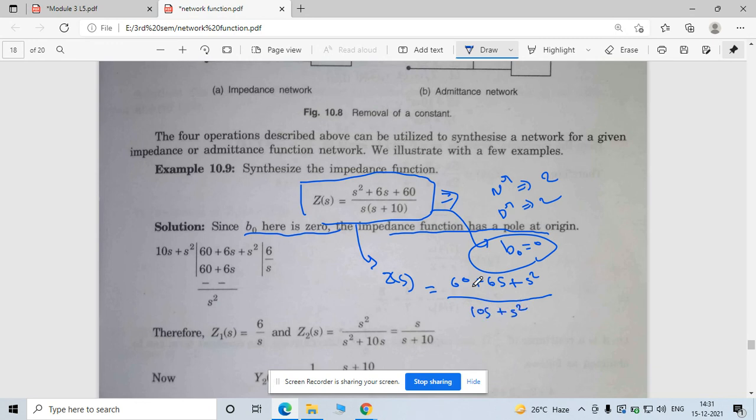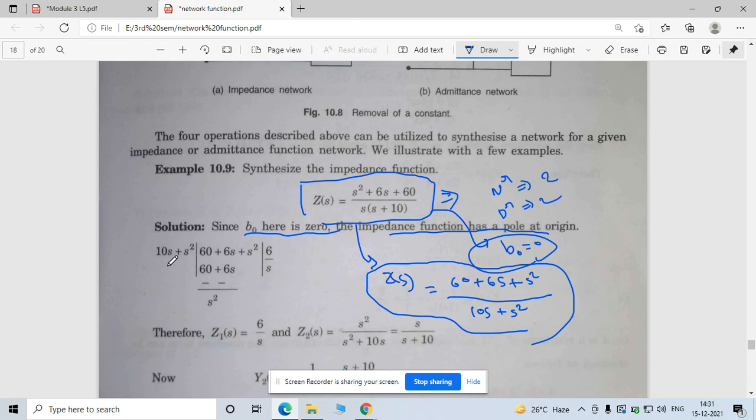You can use the ordinary division method, or Hurwitz polynomial division method. In that case we used the descending order of the equation, but here we have to arrange the equation in ascending manner.